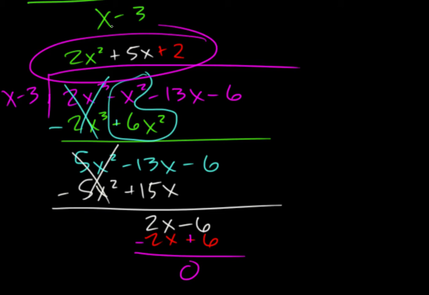It says carry out, so the directions were carry out the division and hence factorize the numerator into linear factors. All right, so what we need to do next is it wants us to factor the numerator. All right.